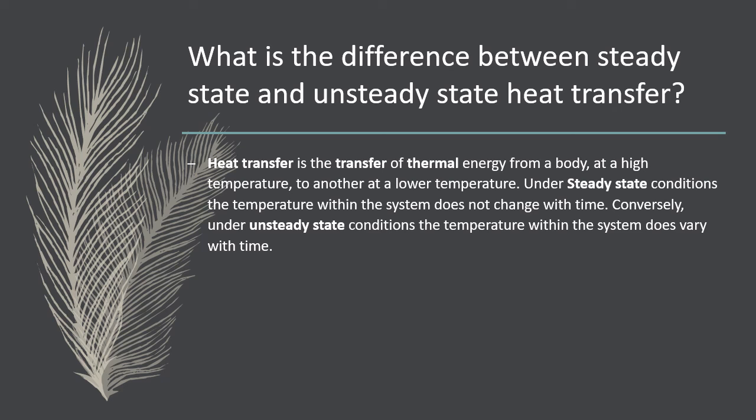What is the difference between steady state and unsteady state heat transfer? Unsteady state heat transfer is also known as transient heat transfer. Let us see the difference between them. Heat transfer is the transfer of thermal energy from a body at a higher temperature to another at a lower temperature.